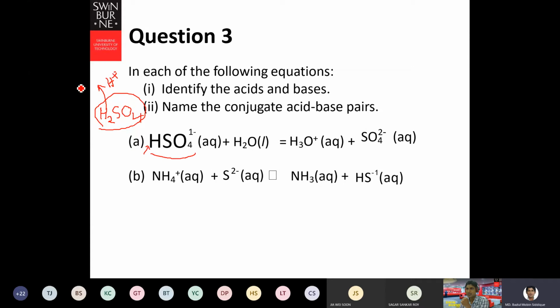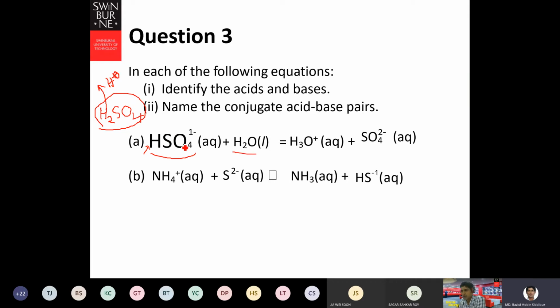So since one positively charged hydrogen is gone, we will have one negative charge in excess. When the hydrogen was here, the positive and negative charges cancelled out each other, and that is why H2SO4 was neutral, but HSO4 negative is a minus 1 because one hydrogen is gone.